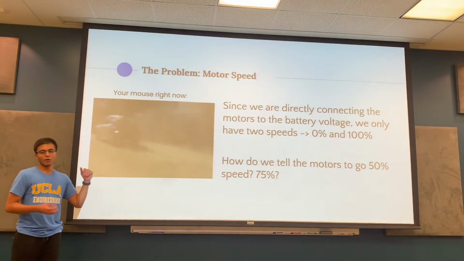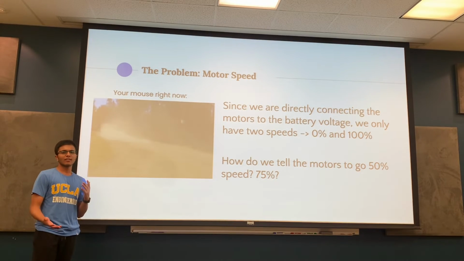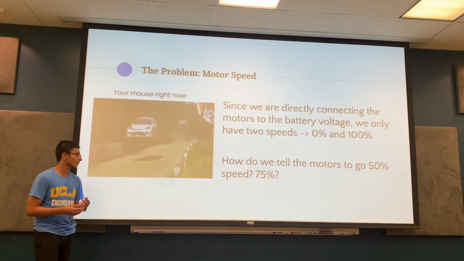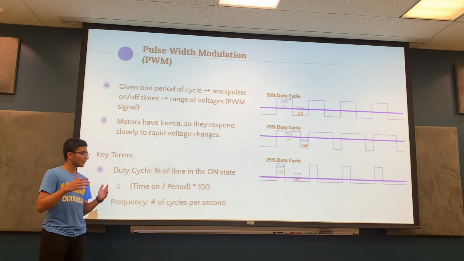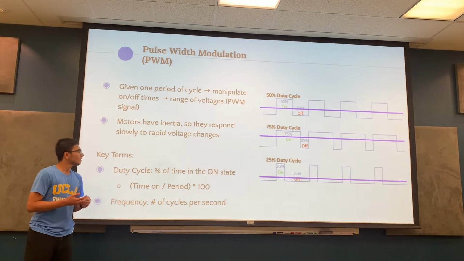Right now, all we've covered is how to turn on and off the motors and how to change the direction of the motor. We really haven't talked about how to change its speed. The way that we tell it to change its speed is through pulse-width modulation, or PWM signals.